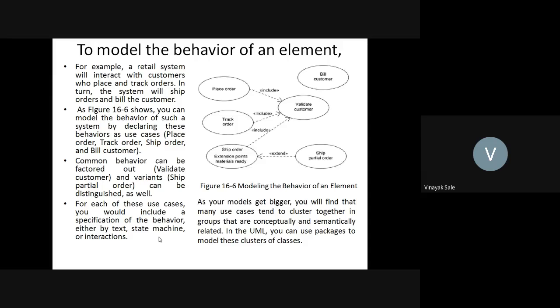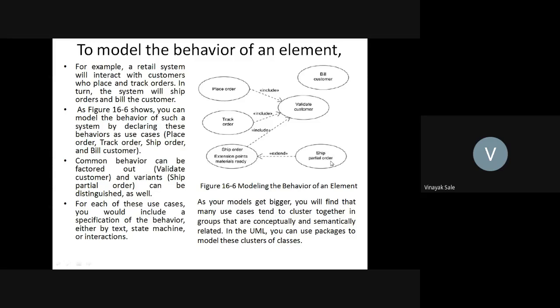So, for example, the retail system will interact with customers who place and track orders. In turn, the system will ship orders and bill the customers. The figure shows you can model the behavior of such a system by declaring these behaviors as use cases, that is, place order, track order, ship order and bill customer. So the customer places an order, tracks the order, then the order is shipped.